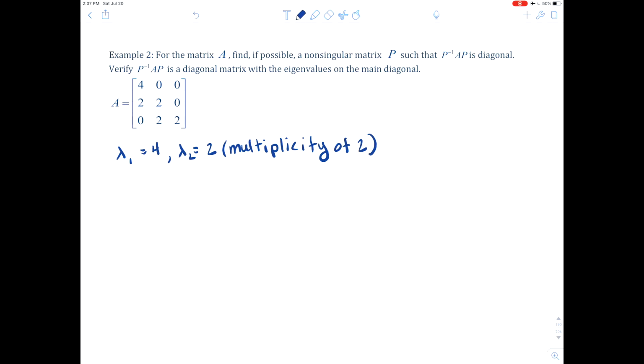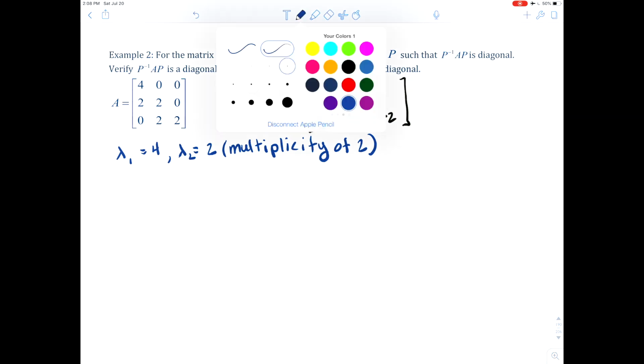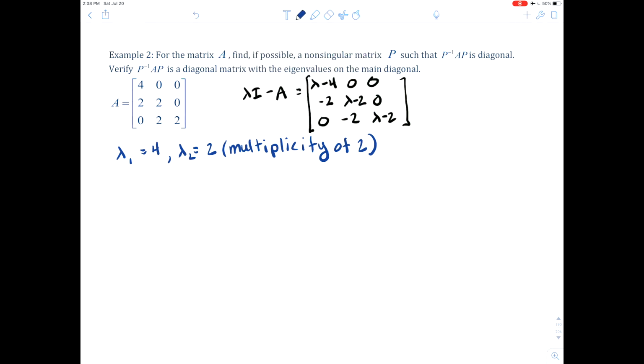So, we also would be interested in knowing what is lambda times I minus A, and that's going to equal lambda minus 4, 0, 0, negative 2, lambda minus 2, 0, and 0, negative 2, another lambda minus 2. Good, good? Well, we've got part of the problem done already.